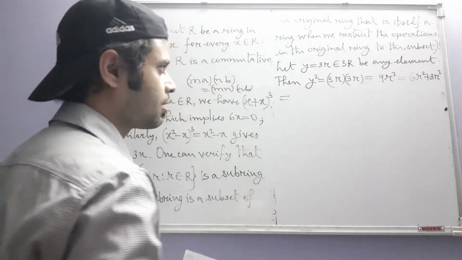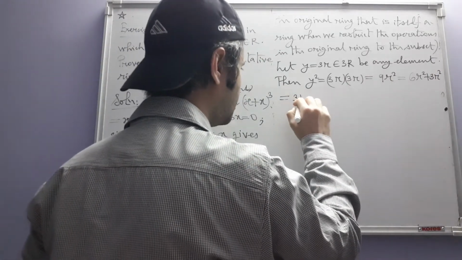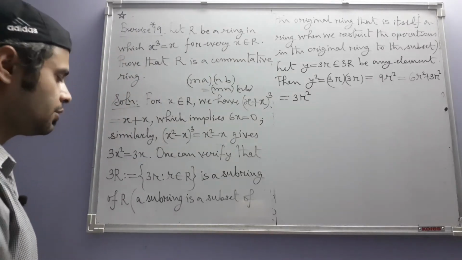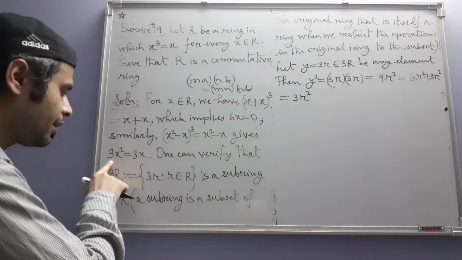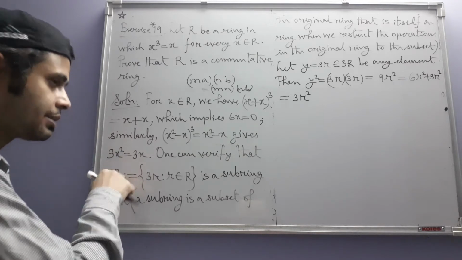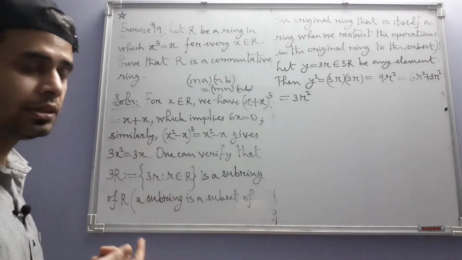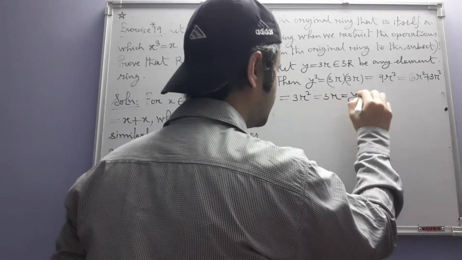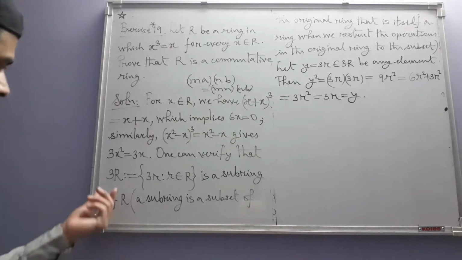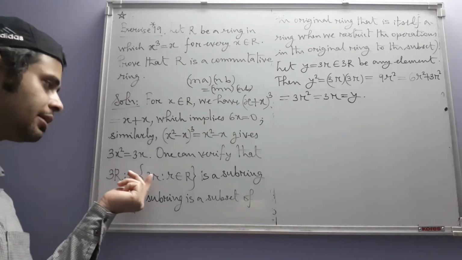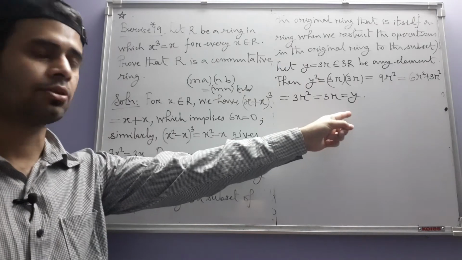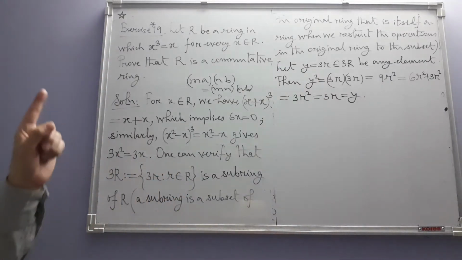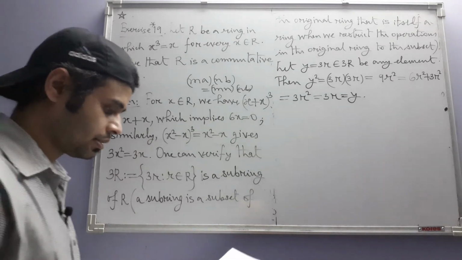So we are left with 3r square. But look at this. 3 times x square, x is any element in the ring, is nothing but 3x. So this is equal to 3r. So that is nothing but y. So in the ring 3R, if I take any element and take its square, I get the element back. And this is a condition that was there in one exercise before.